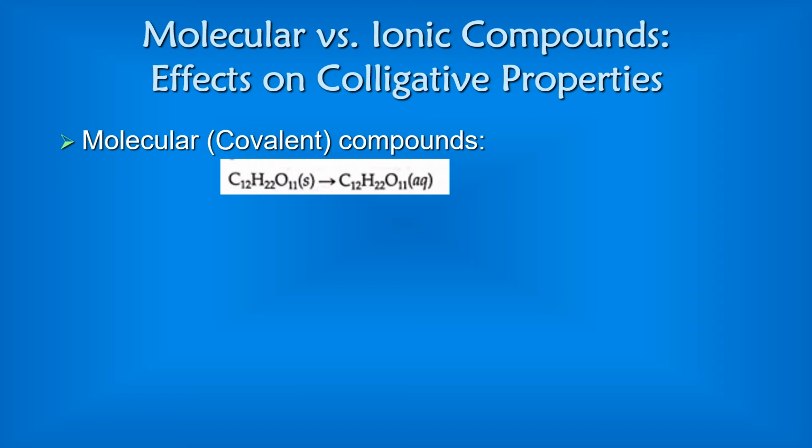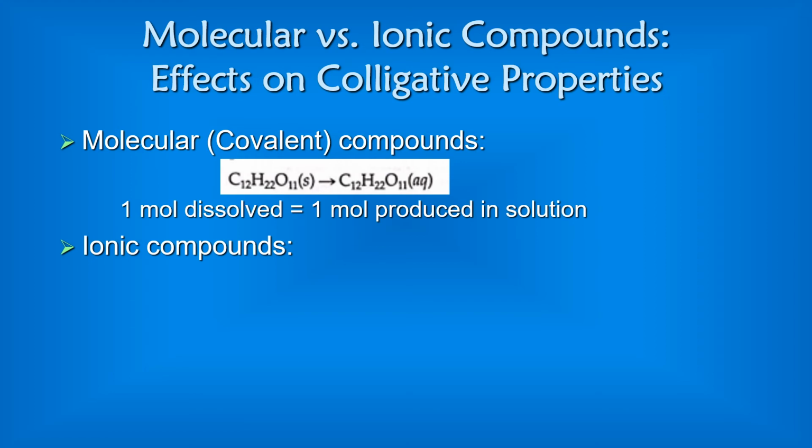That AQ next to sugar on the product side represents that the sugar is now making an aqueous solution with water. Notice how we started with 1 mole of sugar and it remains 1 mole of sugar in the solution. So that's how it's going to raise the boiling point or decrease the freezing point, just for the 1 mole.